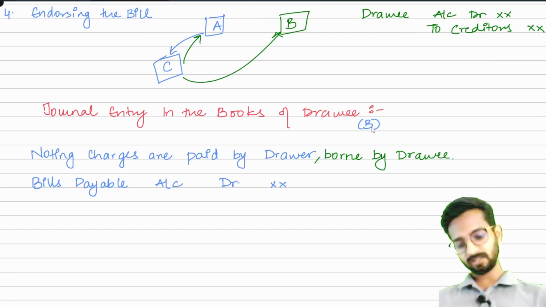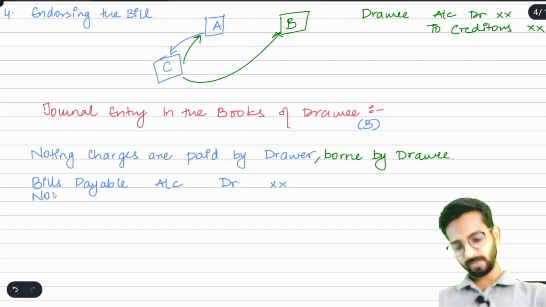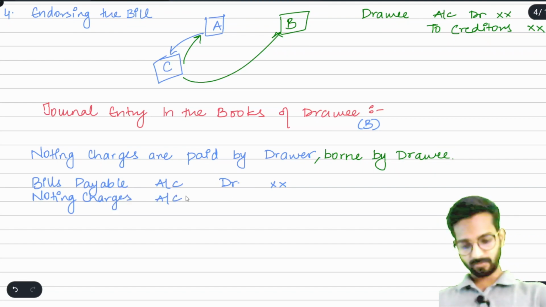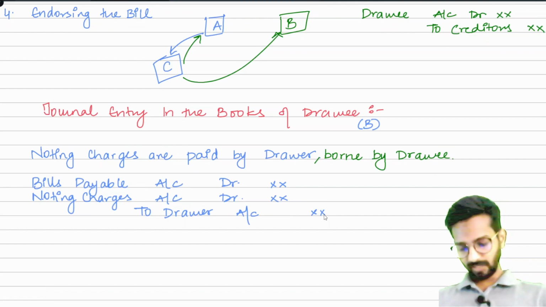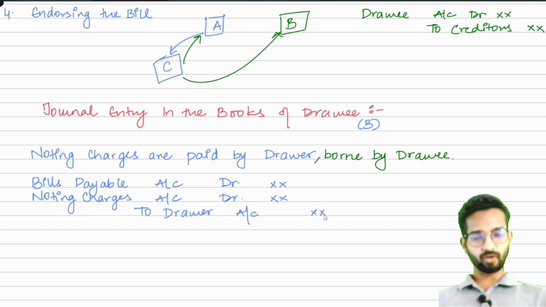Now what are the charges? Noting charges. This is the expense. Noting charges account, debit. To whom is B supposed to pay? To the drawer. Drawer account. Very simple. Now remember this, noting charges is always debited in the drawee's books. It will never be credited anywhere else.